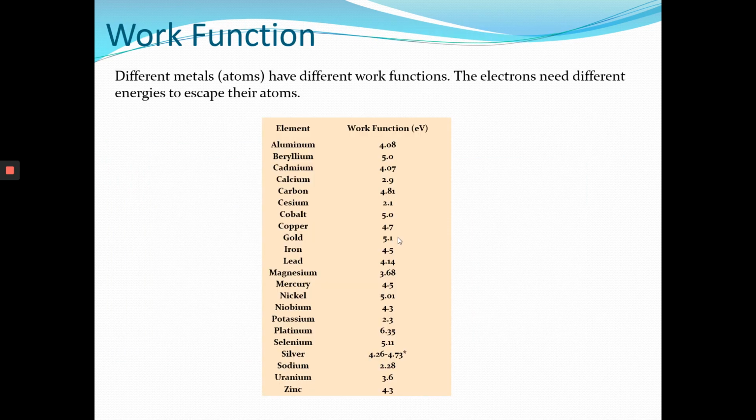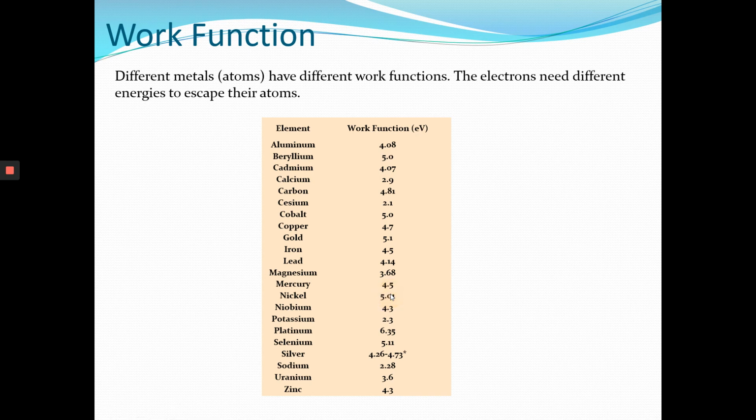Right, so different metals actually have different work functions. Different types of atom require different energies to allow electrons to be released. For example, if we look down this list, you don't need to remember these, don't worry. But let's say if we looked at calcium or potassium, let's look at potassium. We can see that potassium is 2.3, and we can see that nickel is 5.01.